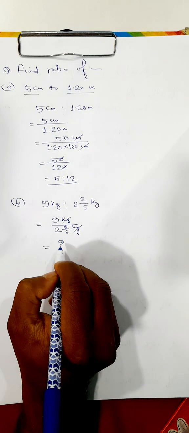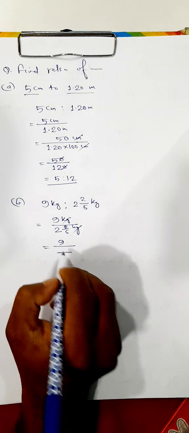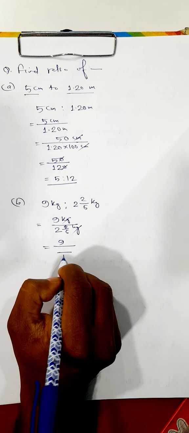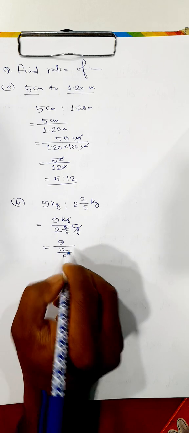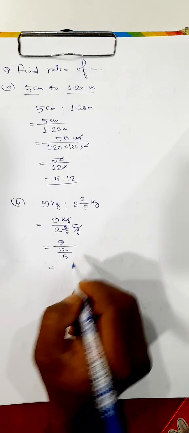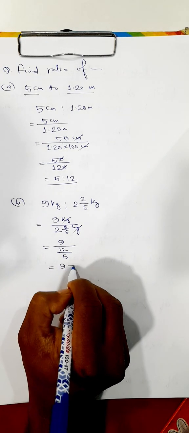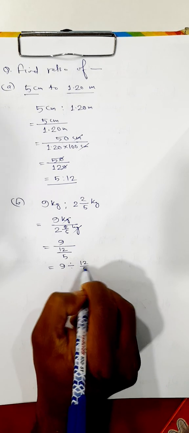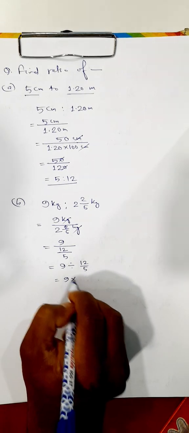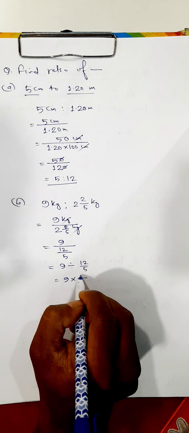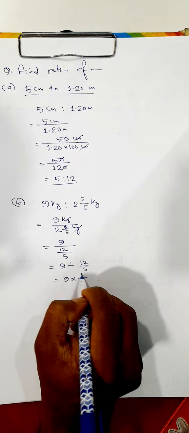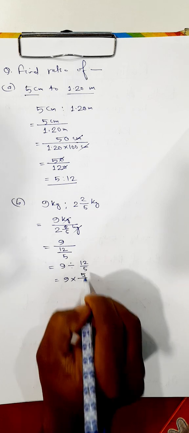Now 9 divided by, you convert this into improper fraction. 5 twos are 10 plus 2, 12. Now 9 divided by 12 by 5. When you convert this into multiplication, this will be the reciprocal, 5 by 12, that means 9 into 5 by 12.